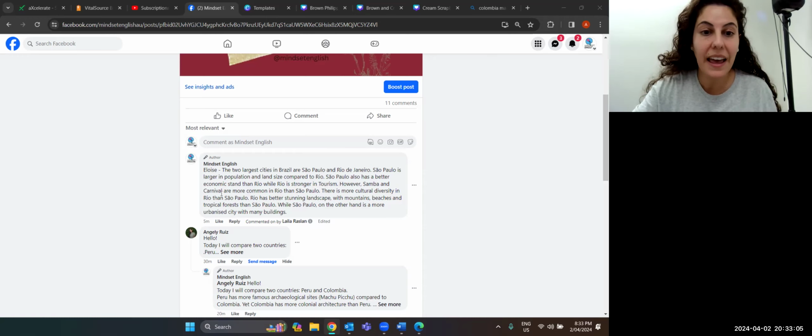However, samba and carnival are more common in Rio than São Paulo. There is more cultural diversity in Rio than São Paulo. Rio has better stunning landscapes with mountains, beaches, and tropical forests than São Paulo, while São Paulo, on the other hand, is a more urbanized city with many buildings.